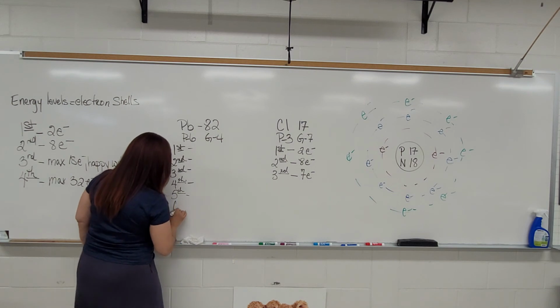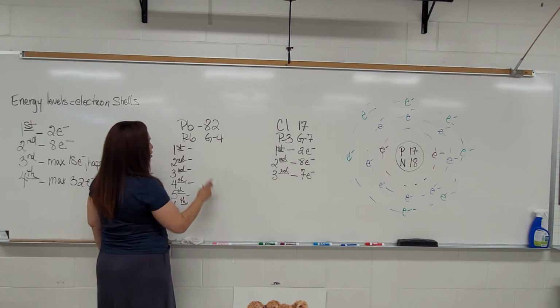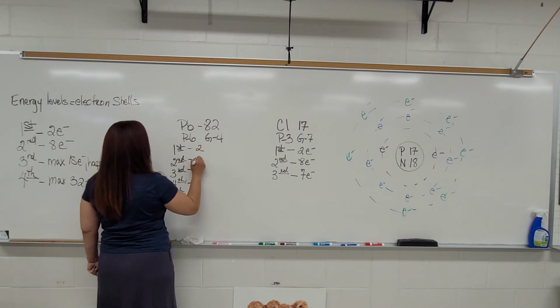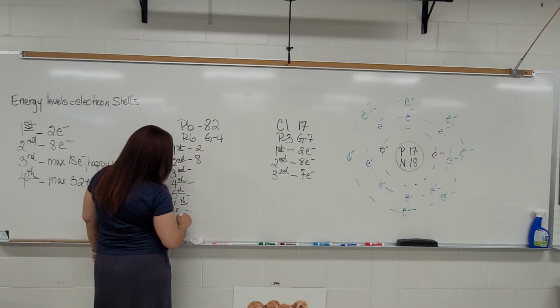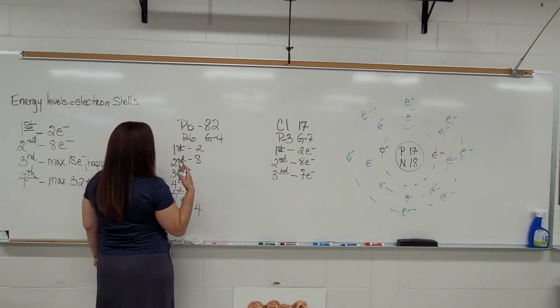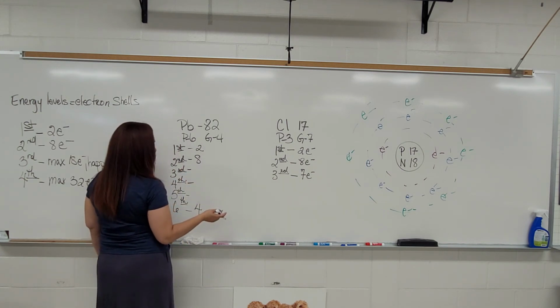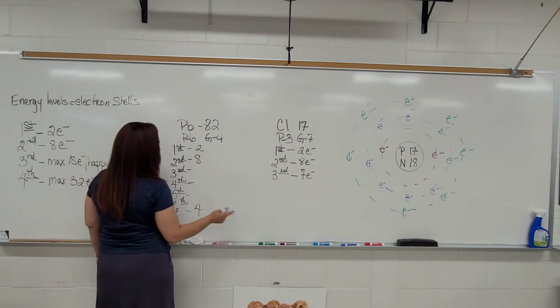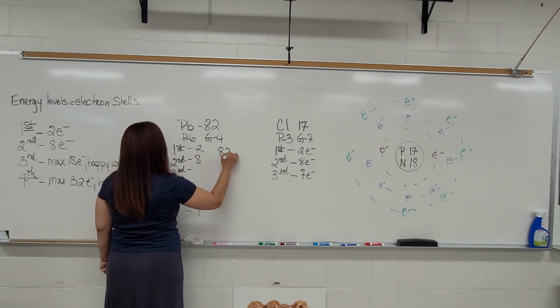Okay, so there's a 6th shell here. So we know first shell is 2, second shell is 8, and the last shell is 4. So looking at that, 2 plus 8 is 10 plus 4 is 14.